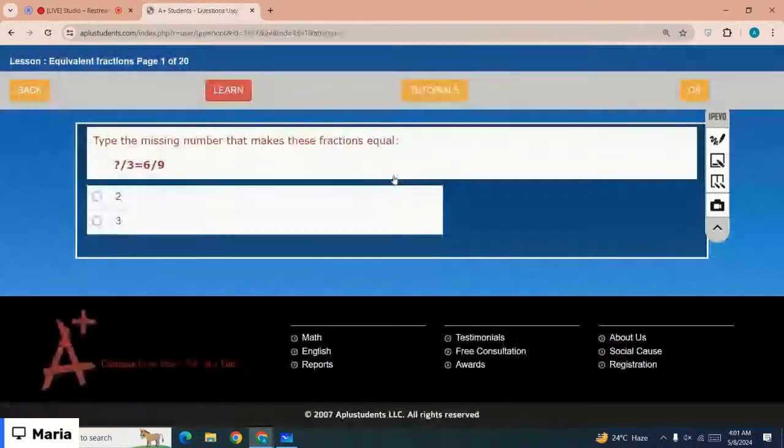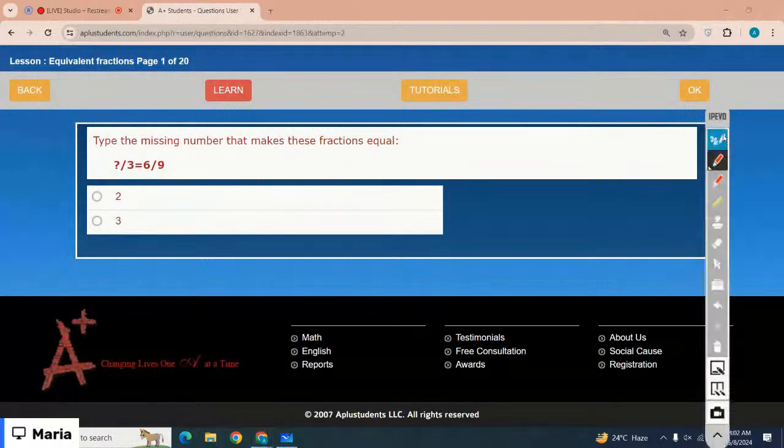Type the missing number that makes the fractions equal, right? You have 6 over 9 and the other one is missing number over 3. So just look at the denominators. 9 divided by 3 is 3, right?